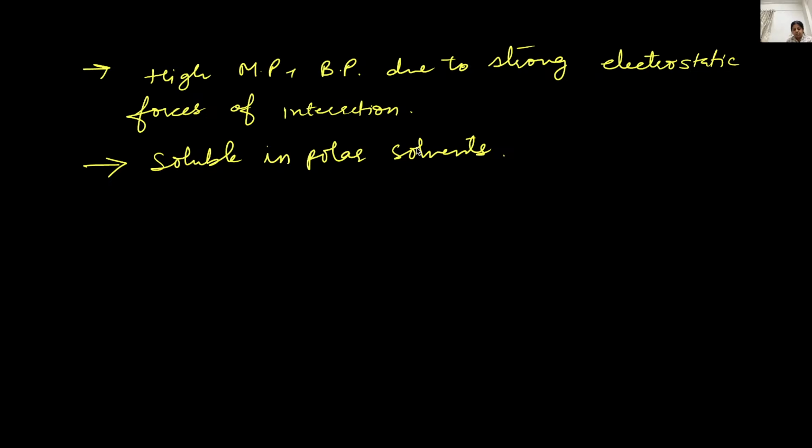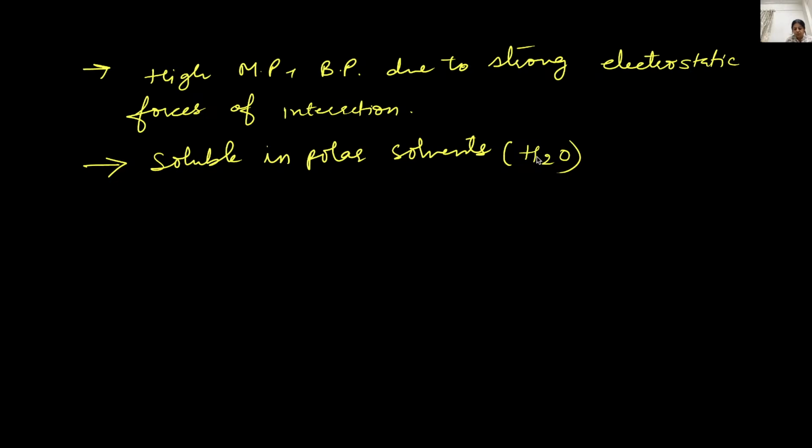What is the meaning of polar solvent, students? Polar solvent means that the solvent can acquire positive and negative charges on itself. An example of a polar solvent is water.